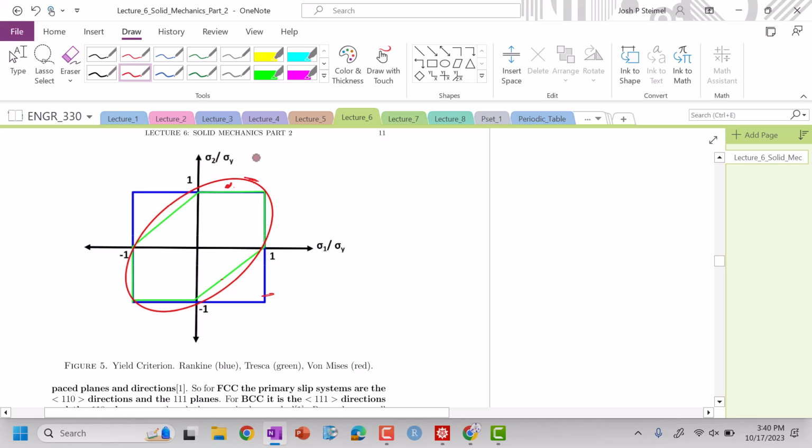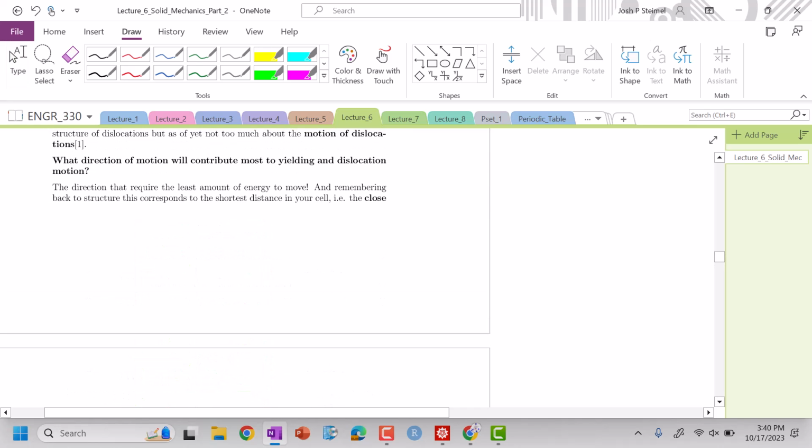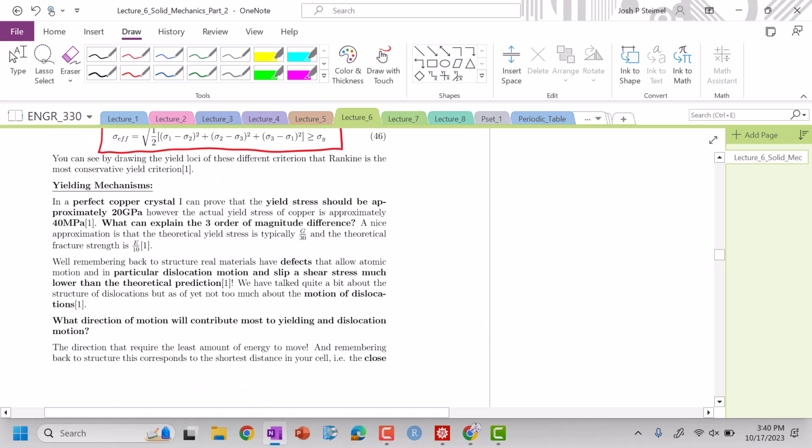But if I were to go by my Rankine or even my Tresca criteria, it would fail. So you have to be cautious and somewhat conservative in terms of where you think your material will fail or not, and just be careful when you choose, not just arbitrarily. And this happens a lot when you run FEM analysis and especially in SolidWorks. So just be cautious of that system.